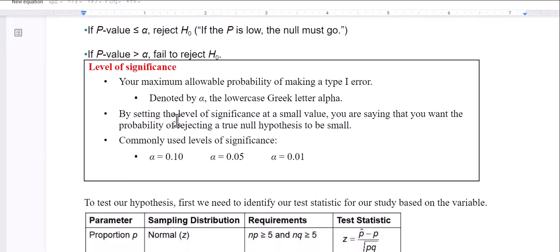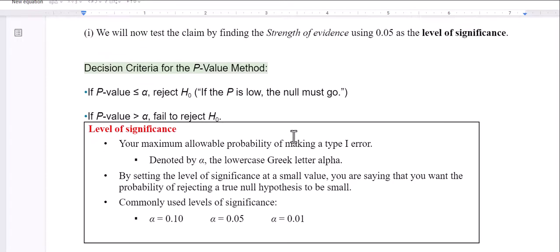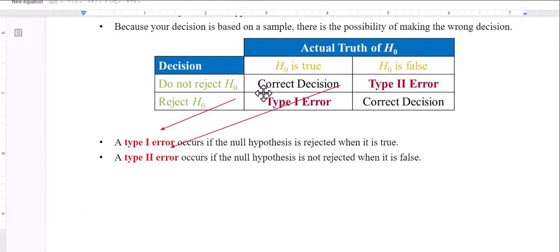And so when we set the level of significance at a small value, we are saying that we want the probability of rejecting a true null hypothesis to be very small. You always see alpha, the level of significance, to be small because we don't want a high chance of making a type 1 error.